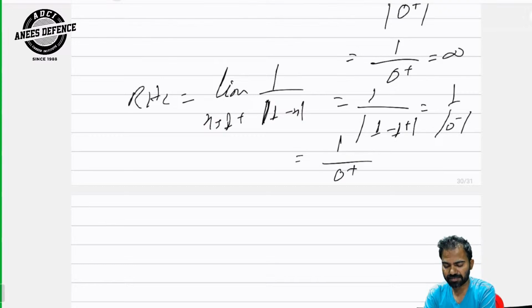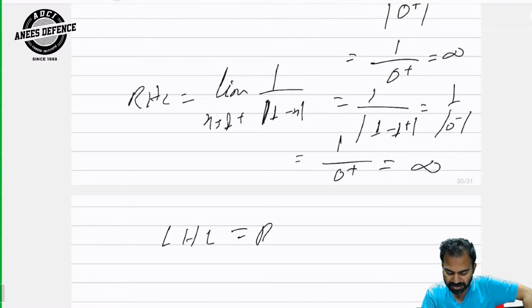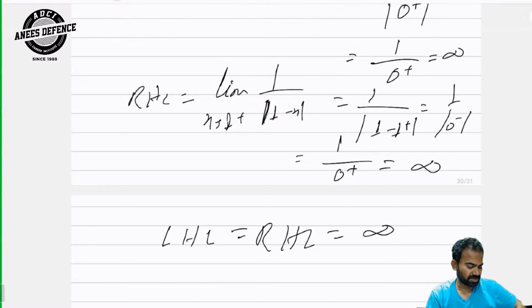After taking it outside by the mod, it will be 0 plus. Any problem? This will be infinity, so LHL equals RHL, the limit exists but it is infinity. So 24 is option D, infinity. The 24th is the D option.